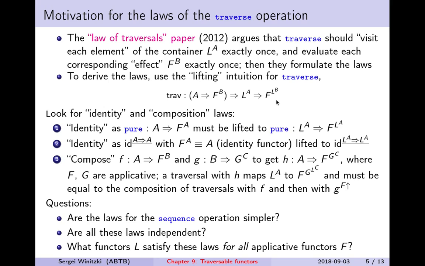And the authors of that paper argued that the traversal, first of all, should visit each element of the container exactly once. It should evaluate each effect exactly once, and then combine these effects into a larger effect.